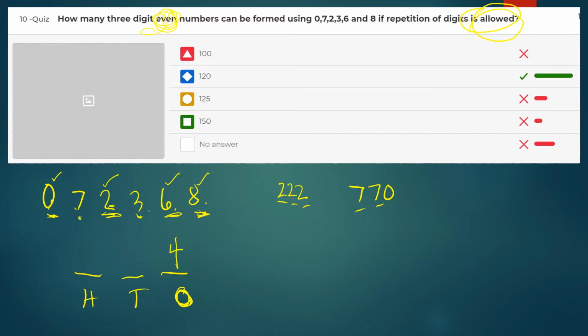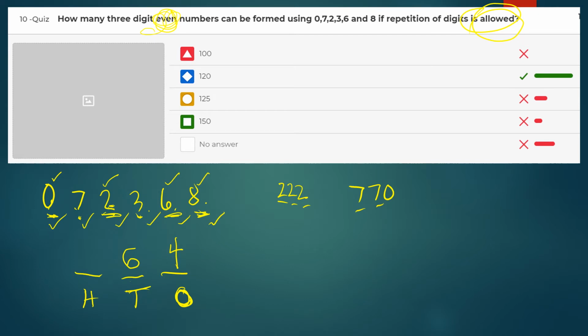Okay? So, for the tens place, pwede ba nating ilagay etong any of these 6 numbers? Of course, pwede yan, no? So, pwedeng magkaroon ng 0 sa gitna. So, that will be 6. Ibig sabihin ng 6, silang 6, pwedeng mailagay as a number here in the tens place. Okay? And then, for the last one, 3-digit even number tayo. So, alin lang dyan ang hindi pwedeng mapunta sa hundreds place kung ang pinag-uusapan ay 3-digit number.